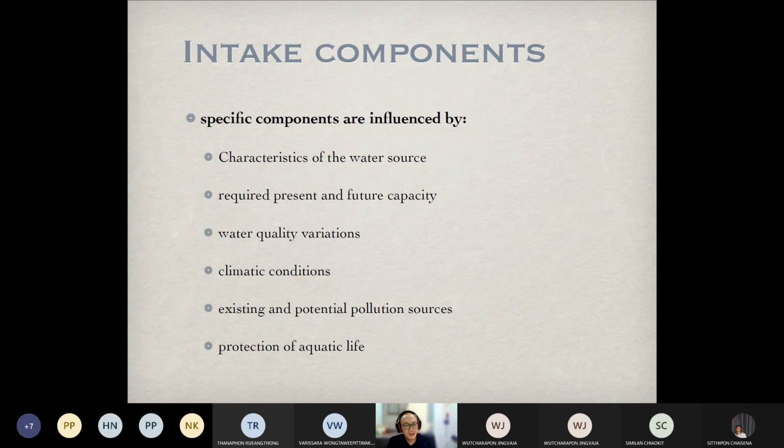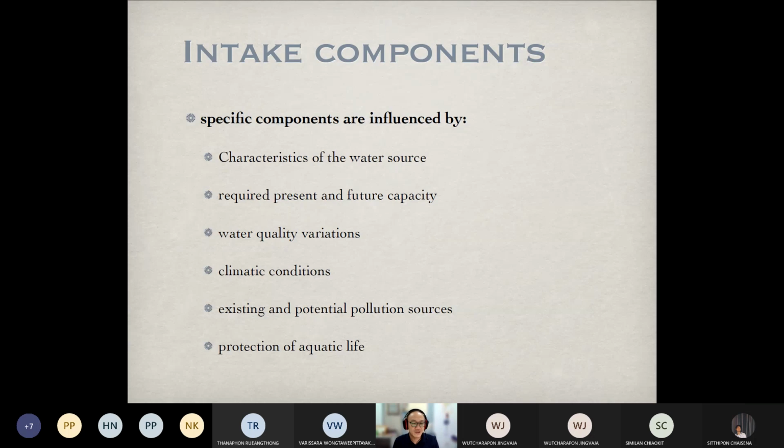In that case, we normally use only short-term designs. That is why in the previous chapter, we were only talking about the population forecast for the next 10 years. We never predicted for longer than 20 years, if you want to decide the unit operations and unit processes in a water treatment or wastewater treatment plant.